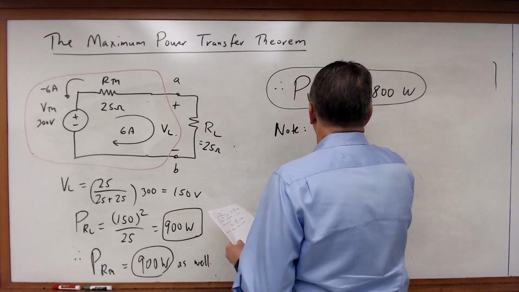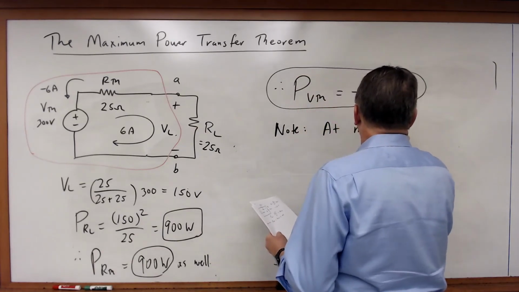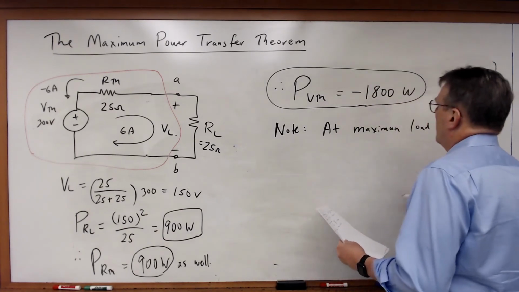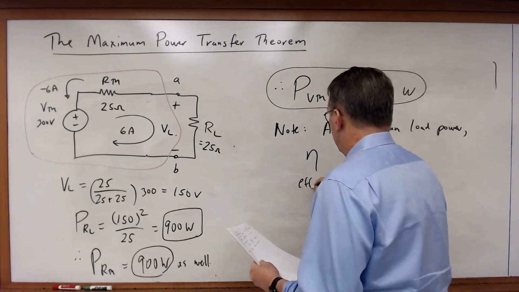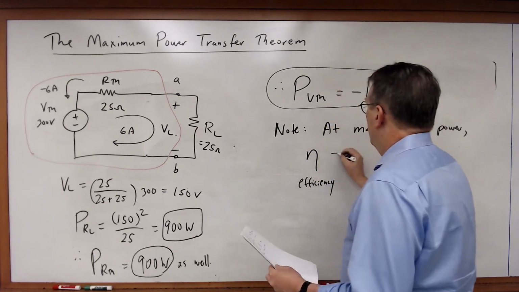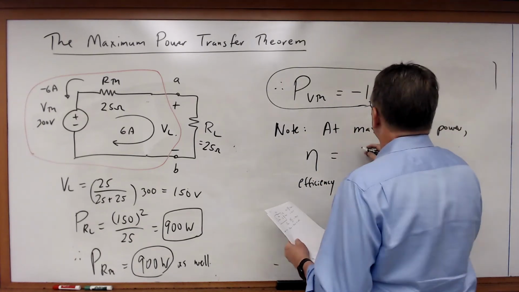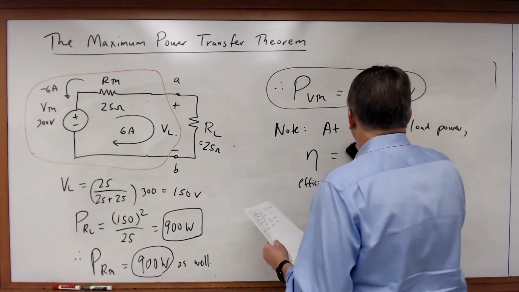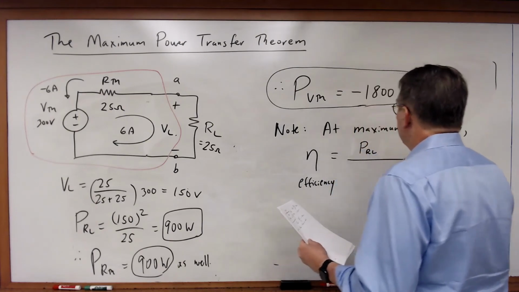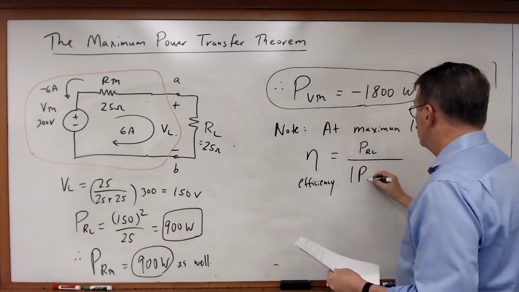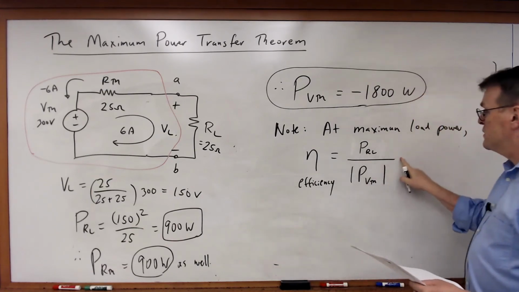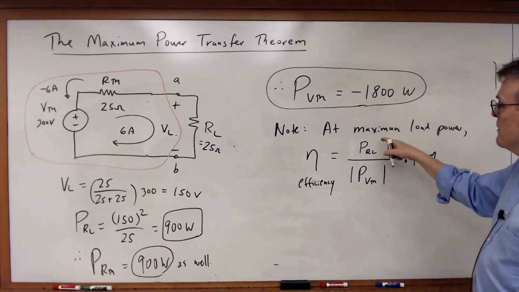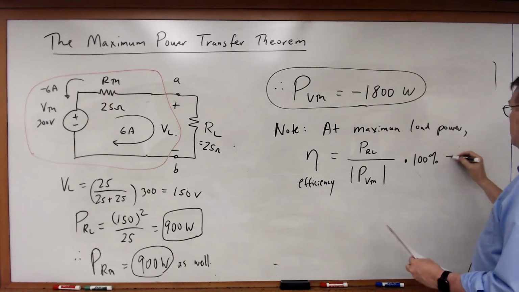What we note is, at maximum load power, the efficiency, which I represent as the power of the load divided by the magnitude of the power of the source, and that's just a definition for load efficiency, times 100%, must be equal to 900 divided by 1800 times 100%, which is 50%.